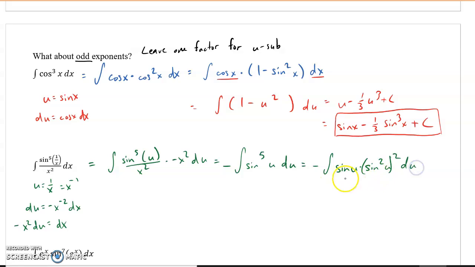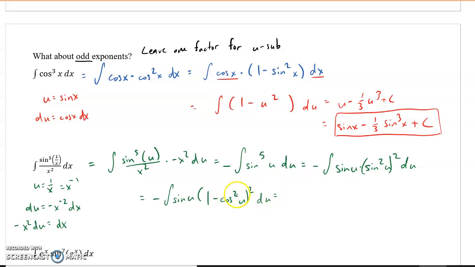All right, so what that gets us is sine of u, again reserved for the u substitution coming up. I guess it will be v substitution because we already used u. And then sine squared of u can be rewritten using the Pythagorean identity. This sort of problem with odd exponents always uses the Pythagorean identity. And this time we're going to have to square that.